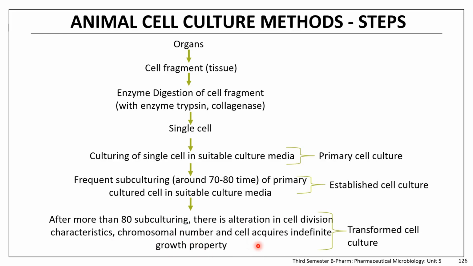That means they will get an immortal property or indefinite cell division property. That kind of cell is known as transformed cell culture. Now, what is established cell culture? These are the cell cultures which we will get after the primary cell culture up to 70 to 80 subcultures.